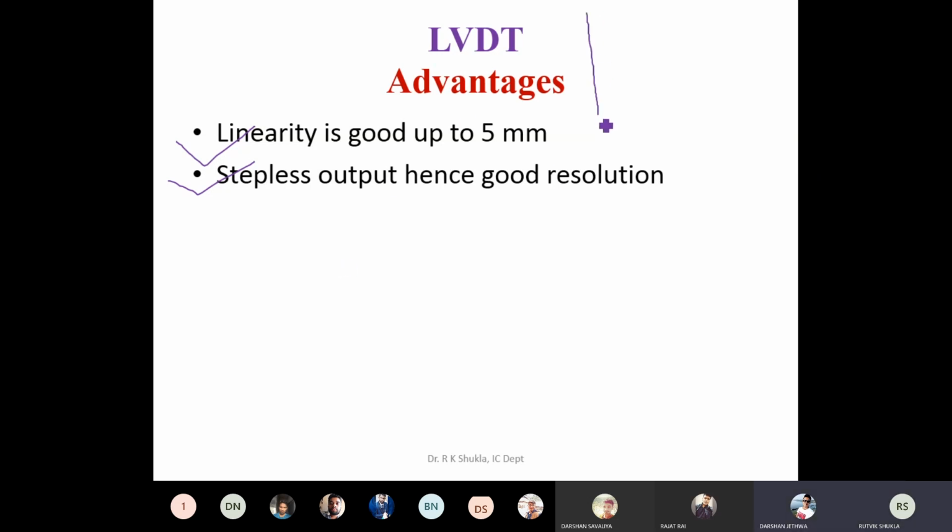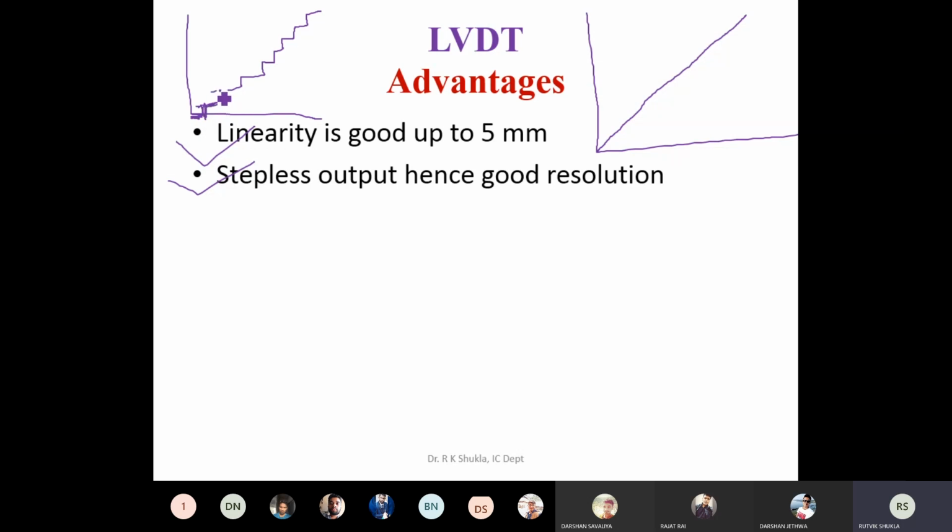Yes, sir. Without step. Yes, in one of the lectures we have seen, whenever we say stepwise output, it means the output is like this, stepwise. And whenever we say stepless, it means it is like this. It is linear. Here you can see that this step indicates that unless your input changes by this much value, your output is not going to change.